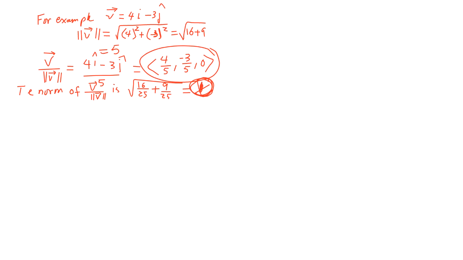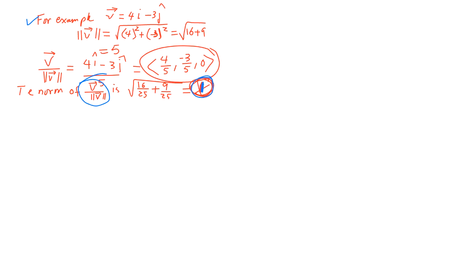Yes, 1. So V over norm of V is a unit vector. We use this example to verify that this proposition is true. So all the time, V over norm V is a unit vector.